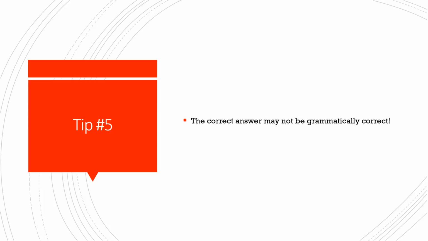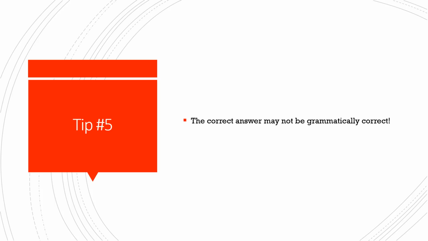All right, so tip number 5, and this could be a surprise for some of you. The correct answer may not be grammatically correct. Now, I don't really want to speak much on this. I don't want to question the folks who design the questions and answers of the PMP exam, but I don't want to question their English ability, that is.